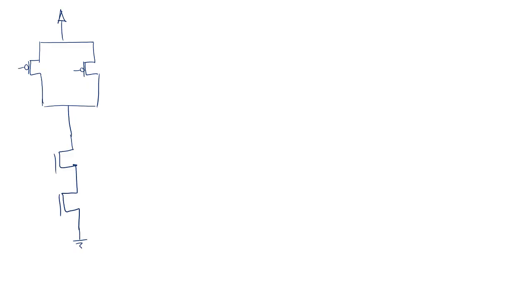I'm going to connect one of the NMOSes to input A. I'm going to connect the same input to here. So here's also A. And the other one, I'm going to go with input B. And I'm going to connect this B to the other PMOS as well.